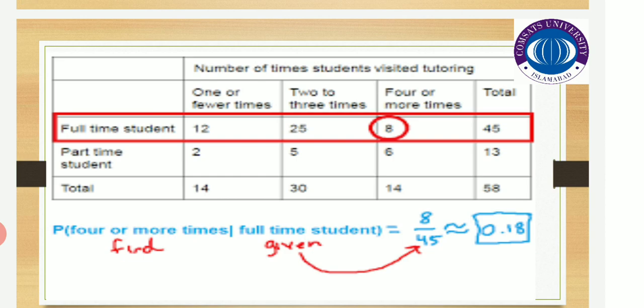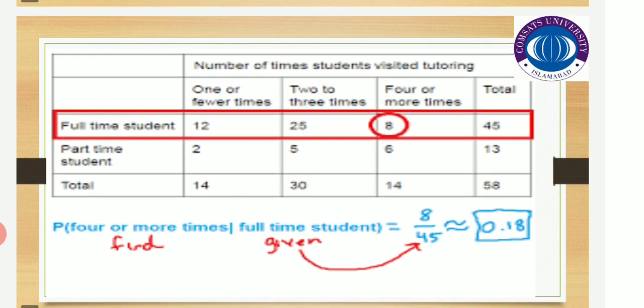We can see here the number of times visited tutoring. There's some information about the students. Some are full-time students, some are part-time students, and they are indicating how many times they go to the tuition: 1 or fewer times, 2 or 3 times, 4 or more times. Now for full-time students, 12 students go 1 or fewer times to the tuition, 25 go 2 to 3 times, 8 go 4 or more times.